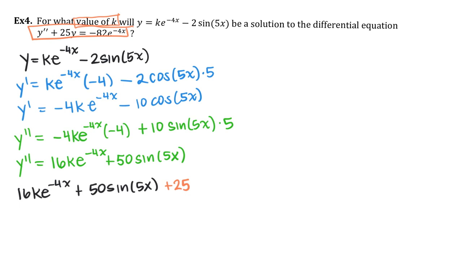Let me plug in for y as well. Y is this thing: k e to the negative 4x minus 2 times the sine of 5x. Okay, so I did y double prime plus 25y equals negative 82 e to the negative 4x. Let's just try it and see what happens.